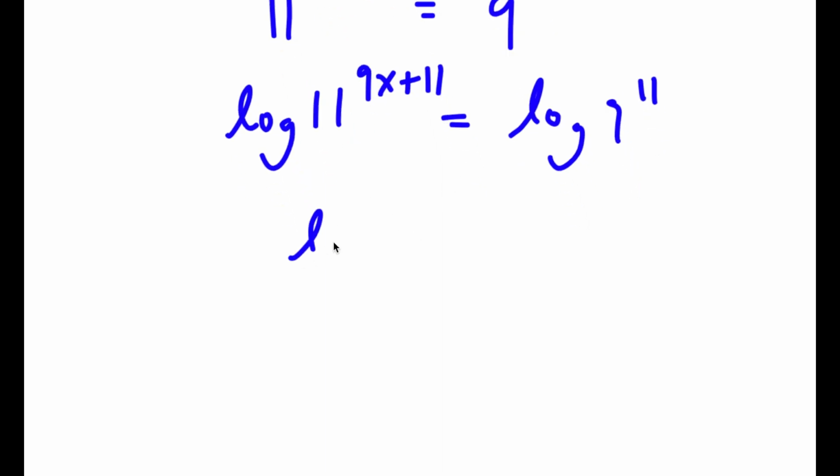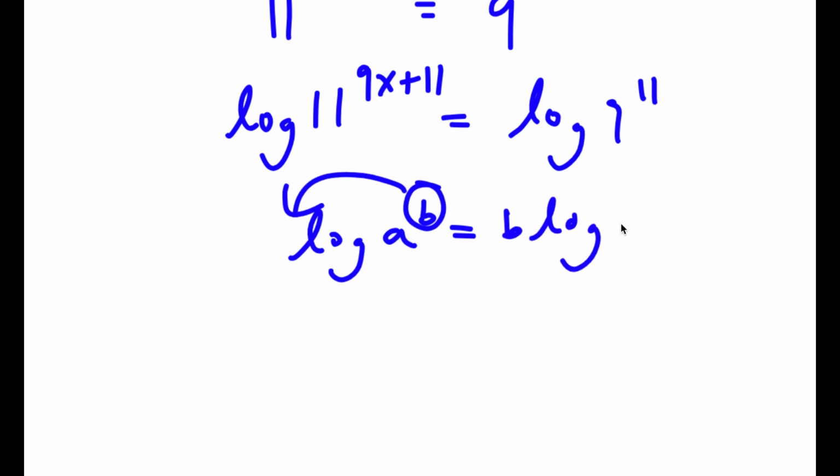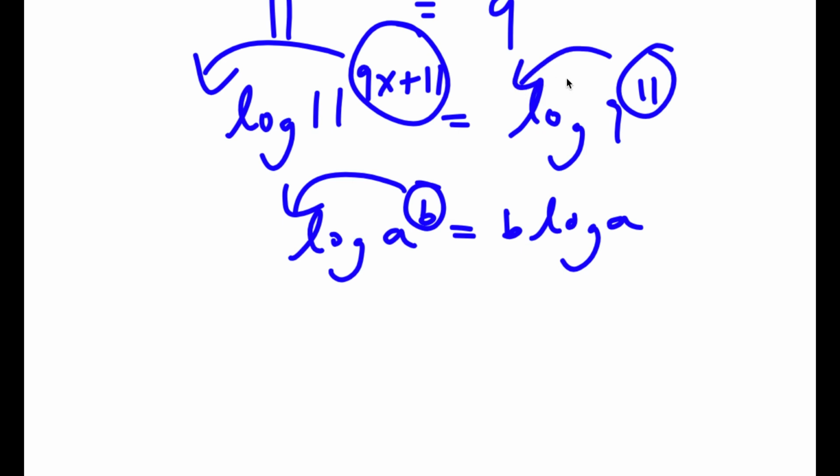Now if I have something in the form log a to the power of b, I can move b to the front. So this is the same thing as b times log a. So log 11 to the power of 9x plus 11, I can move 9x plus 11 to the front. And log 9 to the power of 11, I can move 11 to the front.